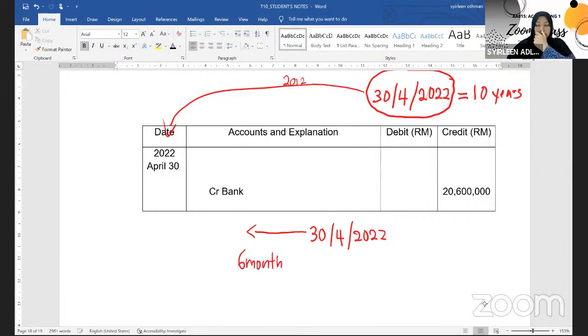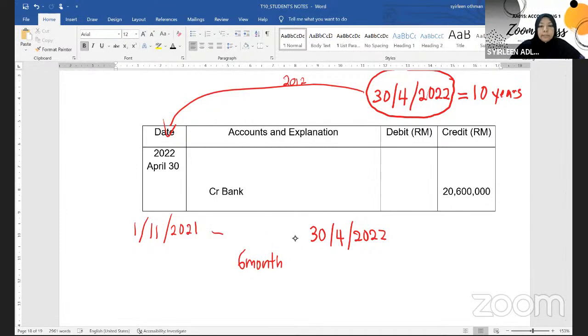So that means it starts from 1 November 2021 until 30 April 2022, which is actually 6 months. That is the final interest expense that we have to pay. Okay, because this interest expense is every 6 months. So the last 6 months before you reach the maturity date, you have the final payment for the interest expense.